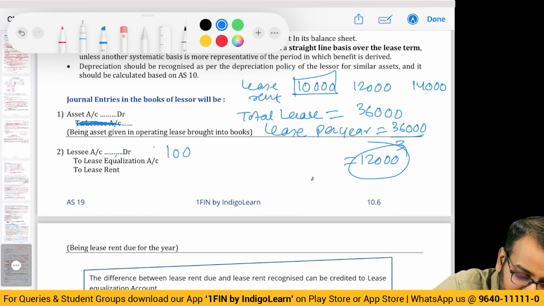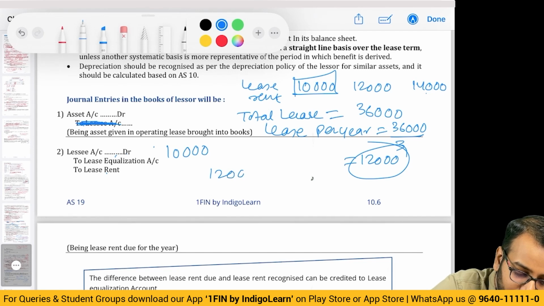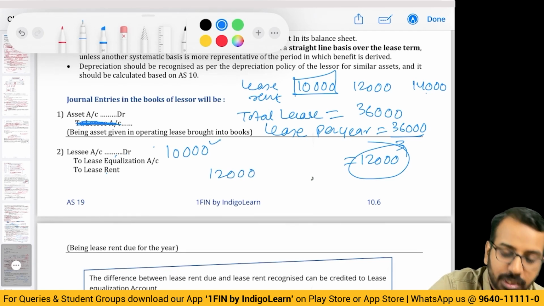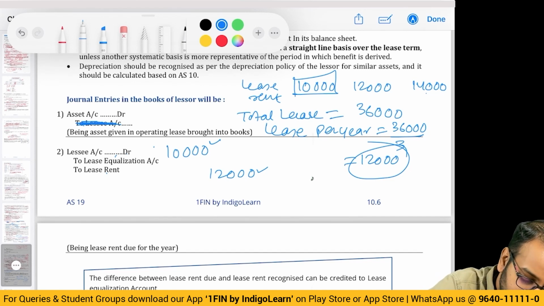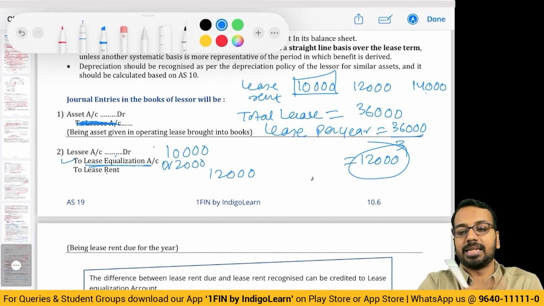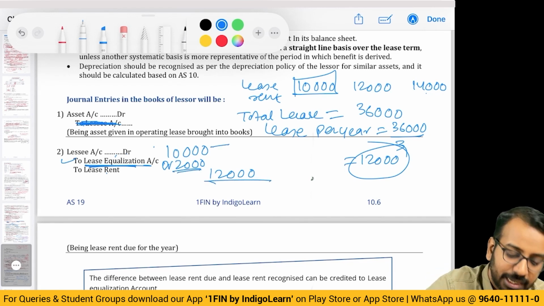So lessee account debit 10,000, lease rent income 12,000. So 10,000 I have to receive, but I am booking an income of 12,000. So I will have 2,000 debit to lease equalization. So here I have taken credit. It depends whether it is receivable or payable. So you'll have something called lease equalization 2,000. Lessee debit 10,000, lease rent 12,000.